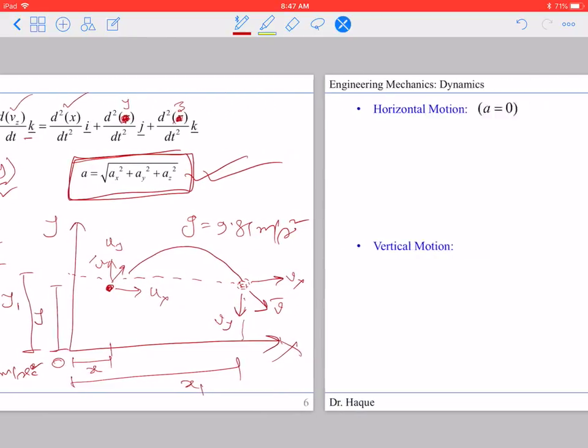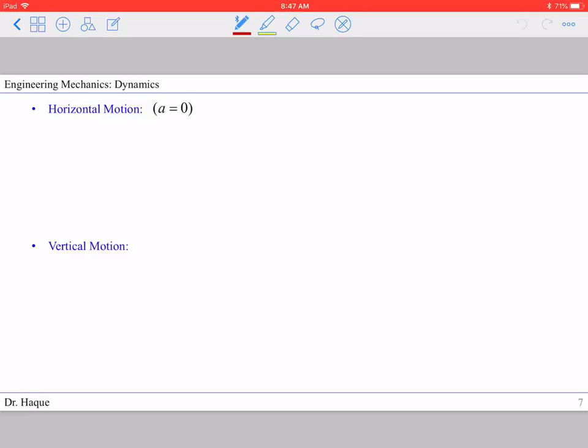Once we have made this assumption, we can define some formulas similar to those we developed in lecture 1. Remember, in lecture 1 we derived some formulas for velocity and position. We're going to use those formulas and redefine them for the projectile case.